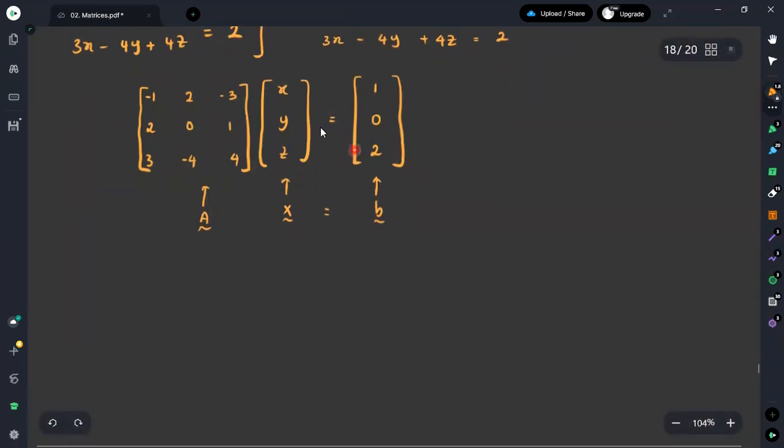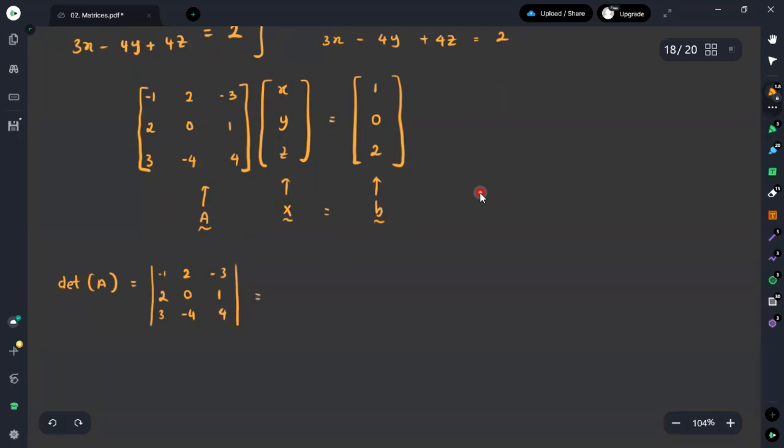Okay, now what you have to do is first check the determinant of A. You can write down the values: -1, 2, -3, 2, 0, 1, 3, -4, and +4. Then you can obtain the determinant in this way. It is -1 times, when you are taking -1 times, then 0 plus 4 will be here.